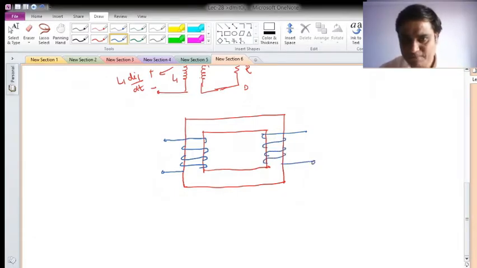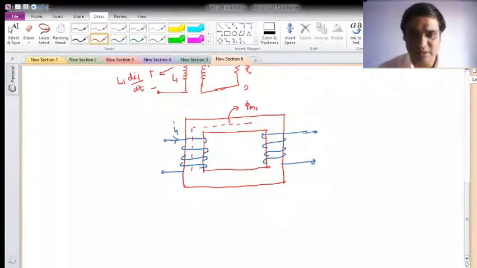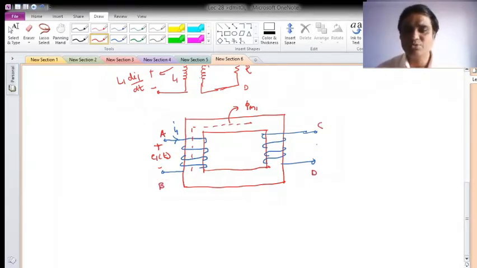And I know that this I1 current is flowing in it, due to which this flux phi m1 will be produced, which is in phase with I1, and here the EMF induced is E1 of t. Now it will be E2 of t here, and this is my A and B terminal, this is C and D. Now to decide the polarity of C and D.